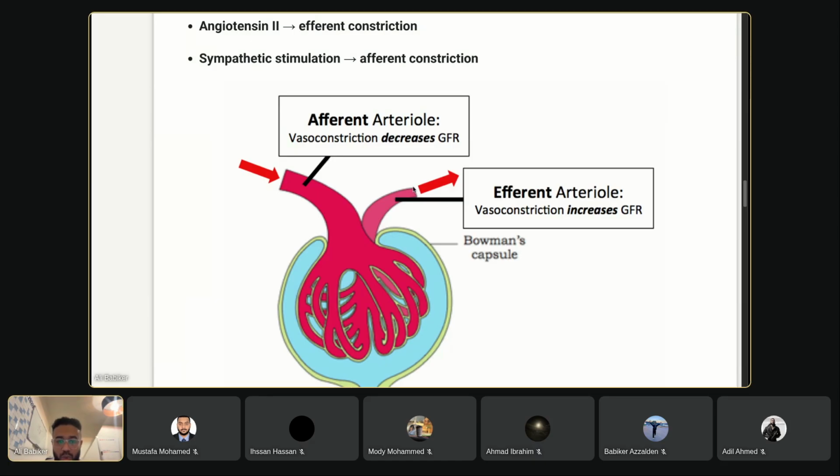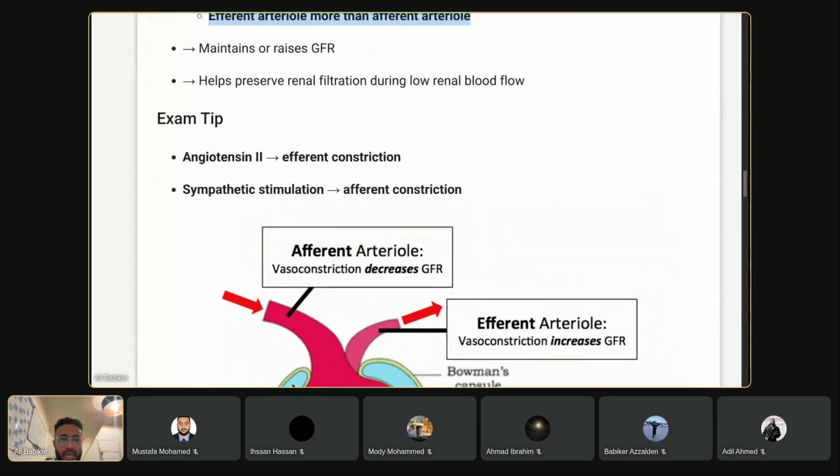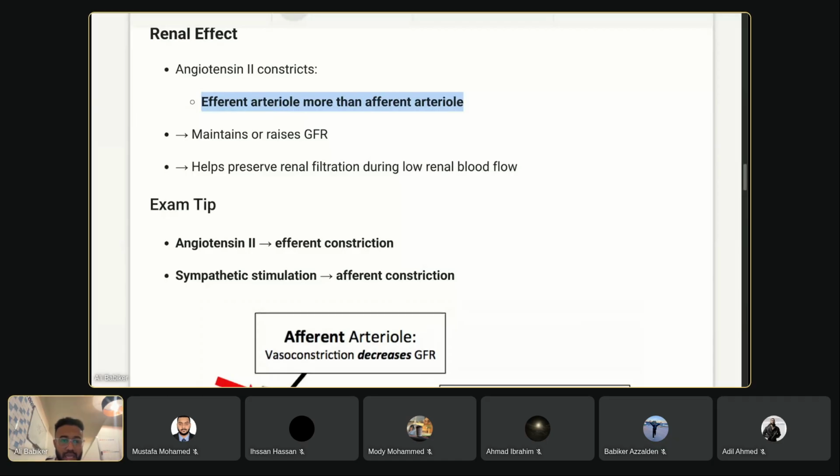Then angiotensin 2 will come and cause vasoconstriction around here. This will increase the blood pressure around the whole glomerulus, and by increasing the hydrostatic pressure, the glomerular filtration rate will be higher. That's the main idea, to avoid acute kidney injury.